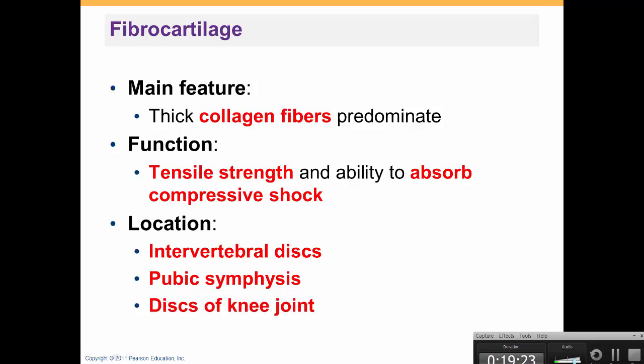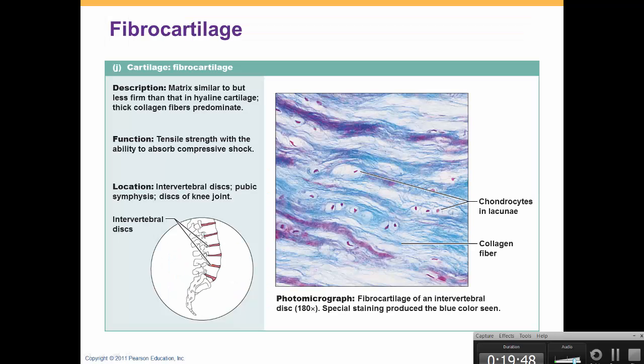Okay, so it's just kind of in between. It has the property of dense regular connective tissue because it has collagen fibers, and it's also cartilage because it has the cartilage cells in matrix. So you find this in areas where you need a lot of tensile strength to absorb shocks. Examples of that are the intervertebral discs, the symphysis pubis, and the discs of the knee joints.